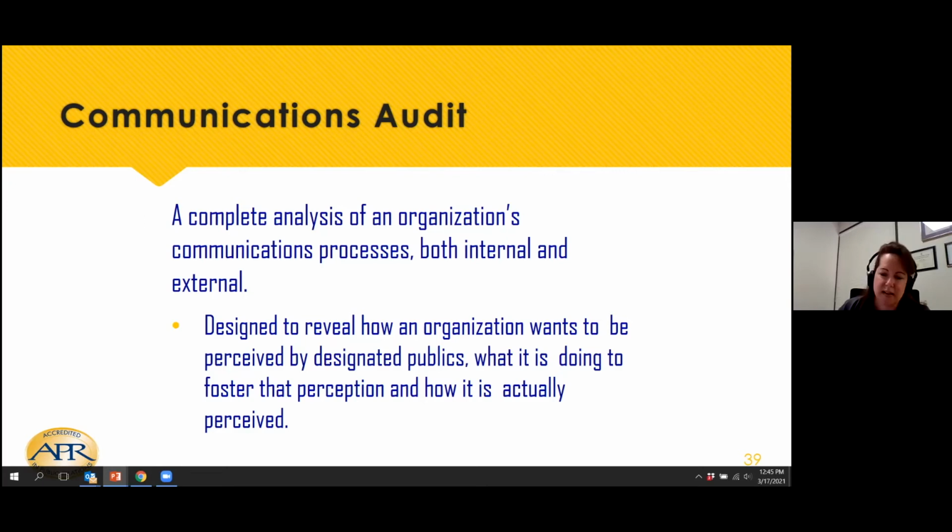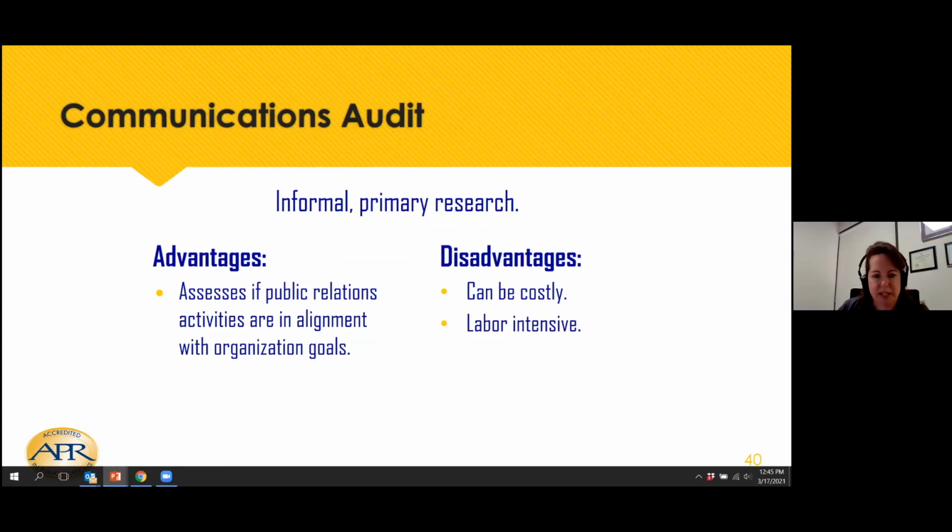So content is just the media. Communications audit is an overview of all of your communication processes. This is designed to reveal how an organization wants to be perceived by designated publics and what it is doing to foster that perception, and then looking at how it is actually perceived.